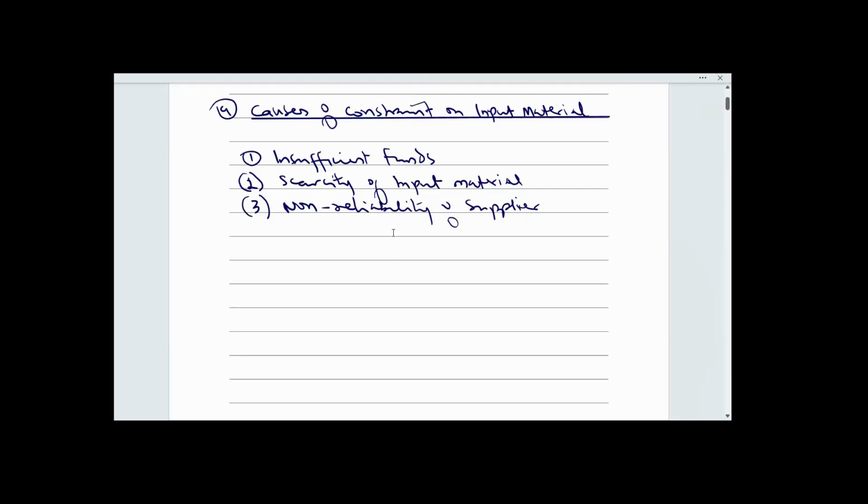All right. Yes, Abdulateef, you raised your hand again. The solution to number two, scarcity of input material, could be to internalize the source by generating the input material by ourselves.